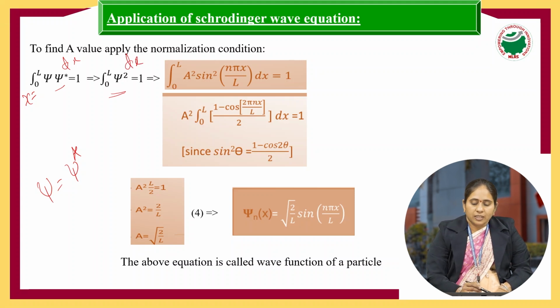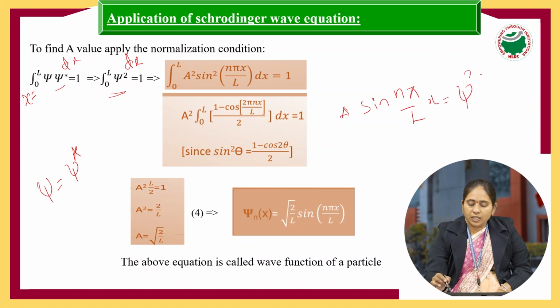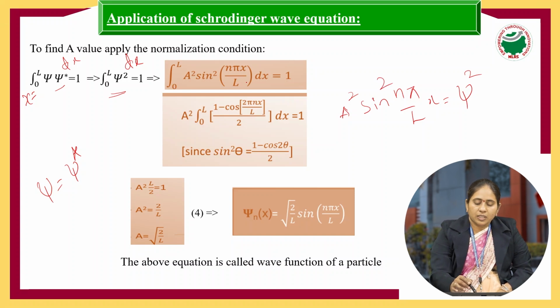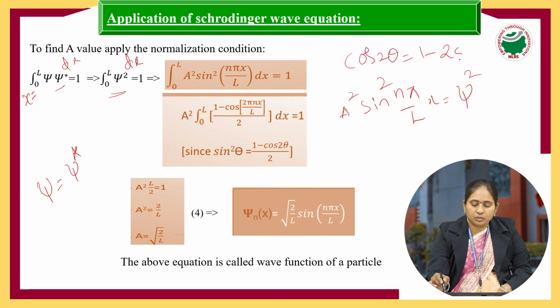So what is psi? That is A sin (n pi by L) into x. This is the value of the wave function psi. Psi square is again A square sin square (n pi by L) x dx. Here sin square theta cannot be integrated directly, so expand the value in terms of cos. How can you expand? Cos 2 theta is equal to 1 minus 2 sin square theta.